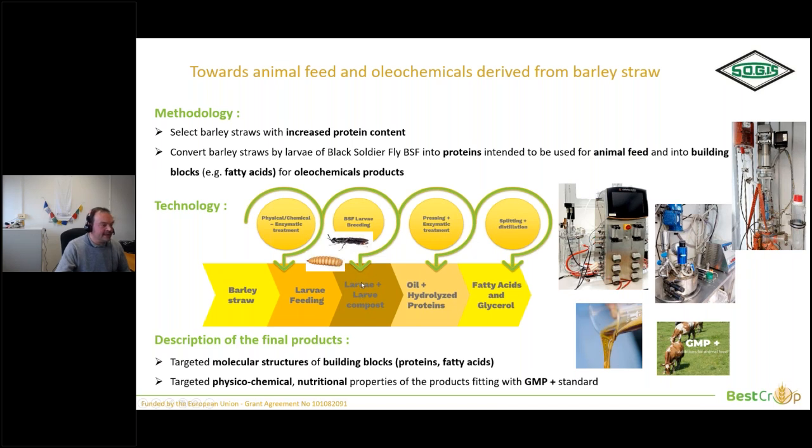These larvae will then be used to obtain, after pressing and enzymatic treatment, oil and hydrolyzed protein. Later on, the oil will be split into fatty acids and glycerol, and the proteins can be used as an additive for animal feed, whereas the fatty acids will be used for the production of biolubricants.